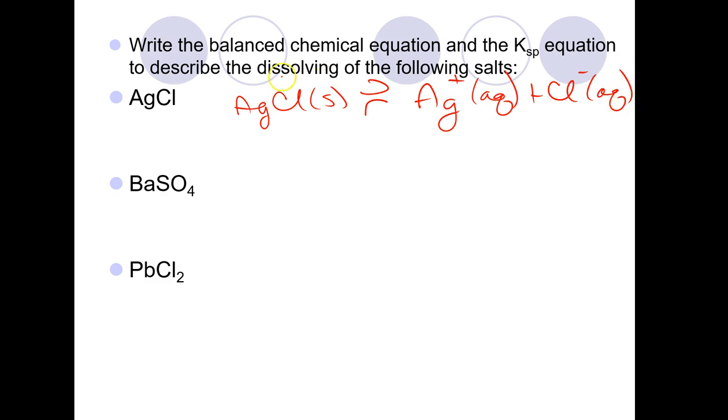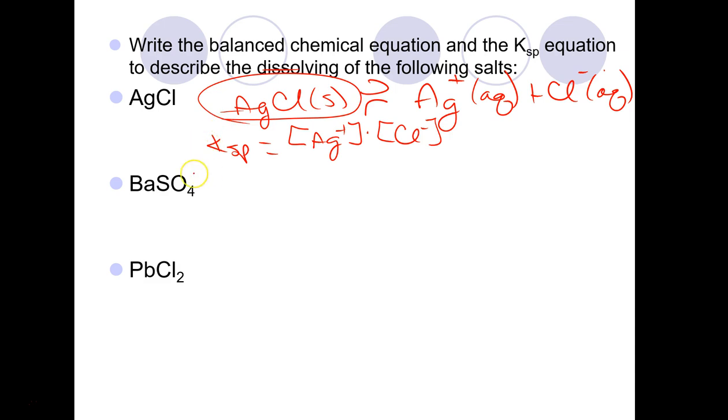And I write (aq) because we're talking about dissolving. The KSP is done just like before: Ag+ raised to its coefficient, which is 1, multiplied times Cl- raised to its coefficient, which is 1, divided by the reactants, except my reactant is always going to be a solid. Always for a KSP. So that's my expression right there.